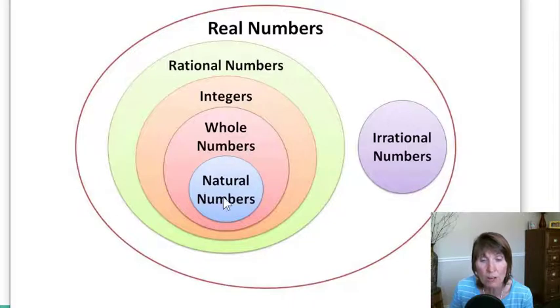Whole numbers would be all of those numbers plus 0, so all it adds is the 0. Then there are integers, which add all the negative whole numbers. And then rational numbers include all the decimal numbers that are considered rational. So those are some pictorial ways to represent these really basic mathematical sets.